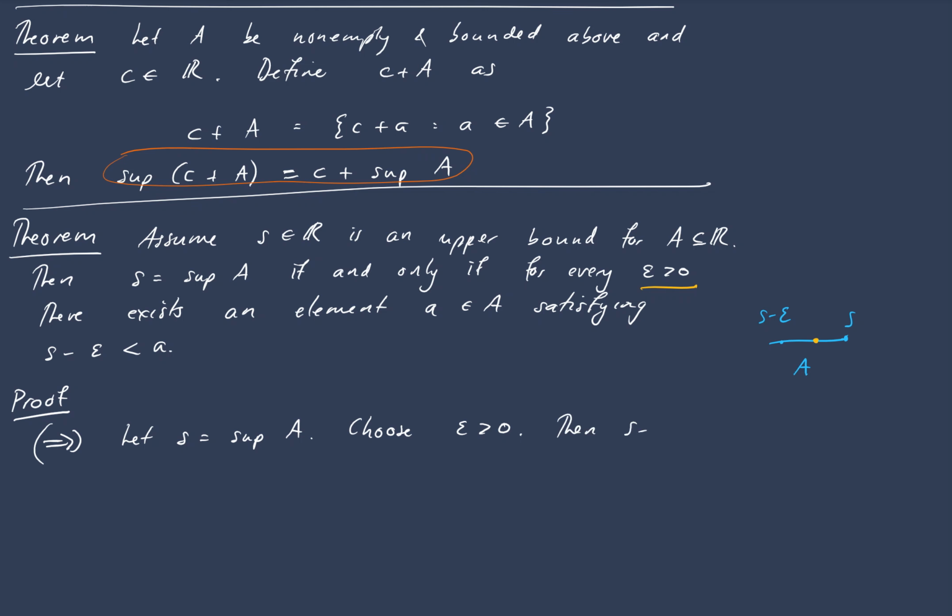So S minus epsilon is not an upper bound for A. Okay, because S is the least of all upper bounds, so if I subtract anything positive off it, it can't be an upper bound anymore, which means, by the definition of upper bound, that I can choose an element greater than it.